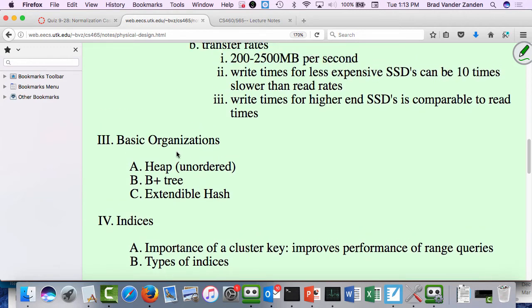Does anyone remember from either 140 or 302 why you would ever use a binary tree over hash tables? Because hash tables are faster for inserting, deleting, updating. Range queries, very good.